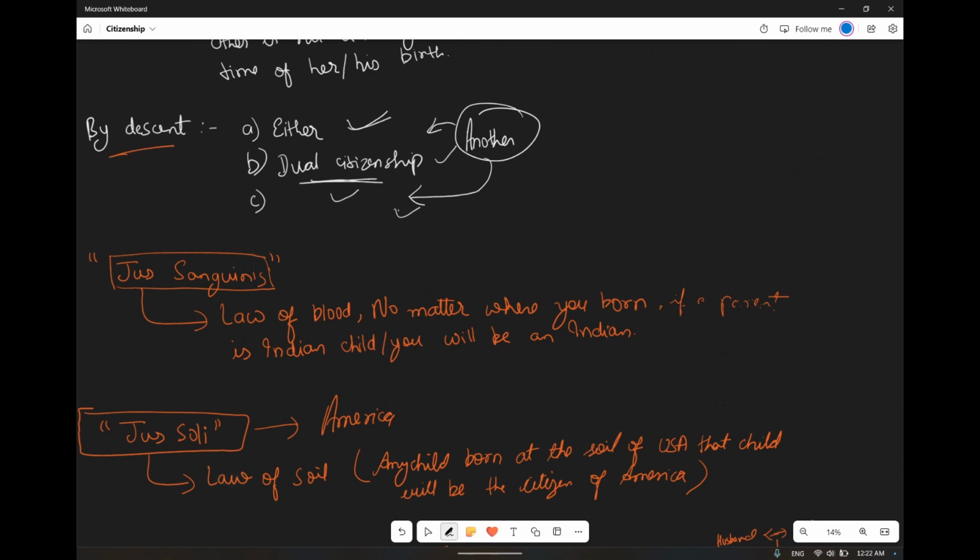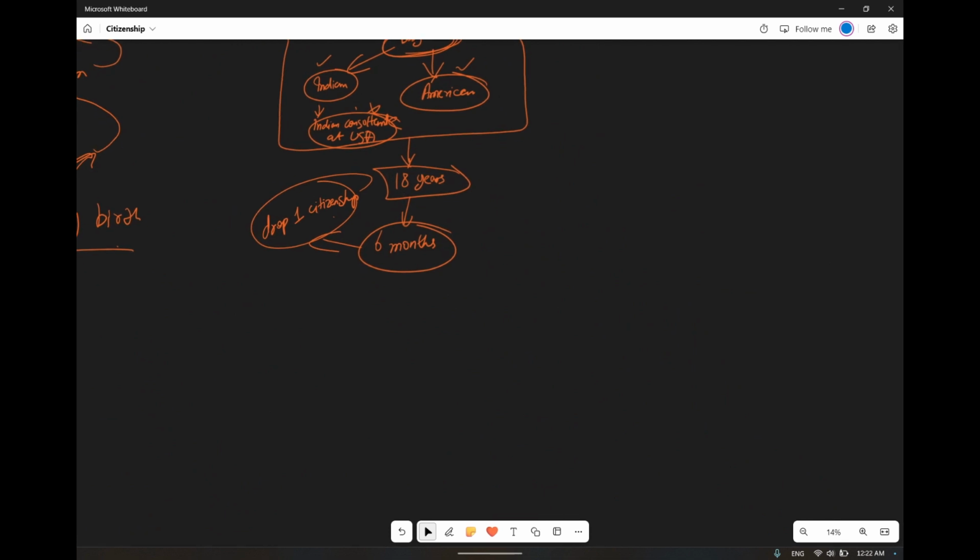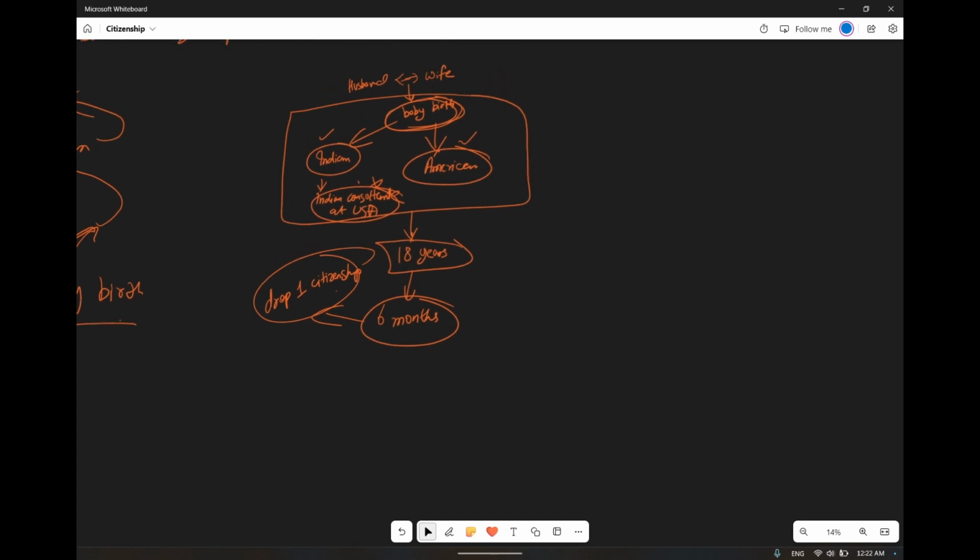As I said in type 2, by descent, where either of the parents is a citizen, dual citizenship can occur, but even within dual citizenship, not in any case will the child have two passports. The child must have a passport of India only. If the child has a passport of America, then that child will not be given citizenship of India. That is the important condition here.